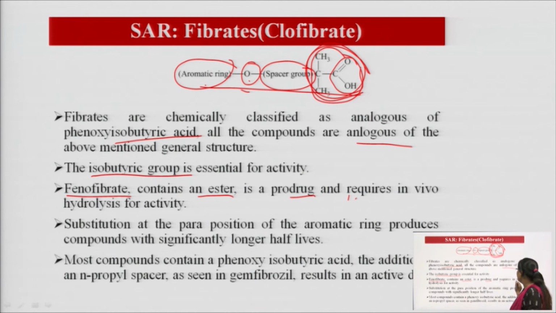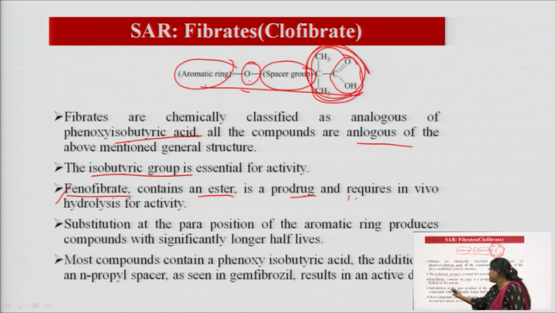So, it requires in vivo hydrolysis for activity, that means after taking the phenofibrate, we are discussing about phenofibrate here in this point, it will get hydrolyzed inside the body, and then it has an ester group which is hydrolyzing inside the body and shows its activity.